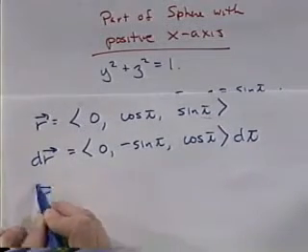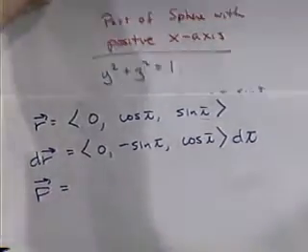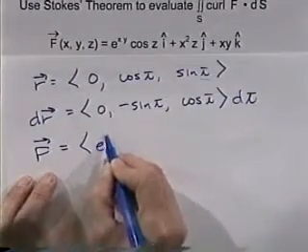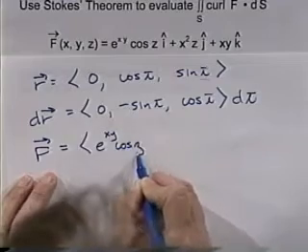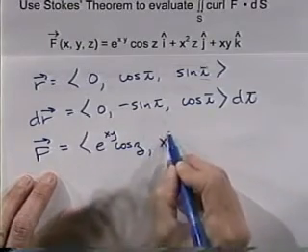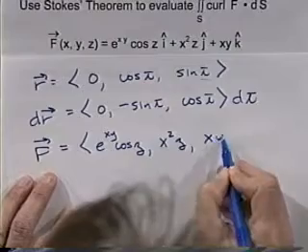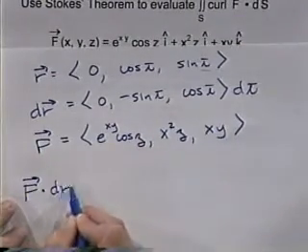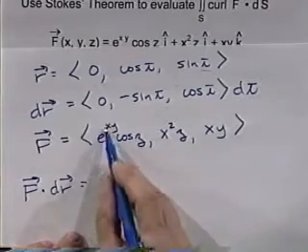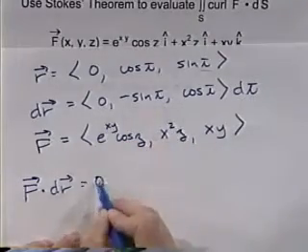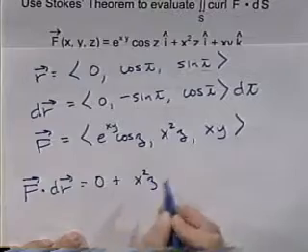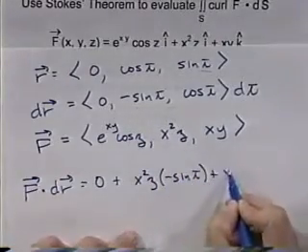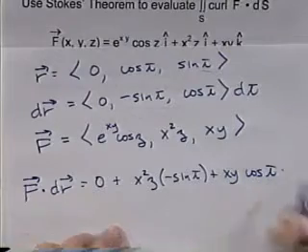And F, remember, was e to the xy cosine z, x squared z, and xy. So F dot dr is going to be e to the xy cosine z times 0, which is 0, plus x squared z times minus sine t, plus xy times cosine t.